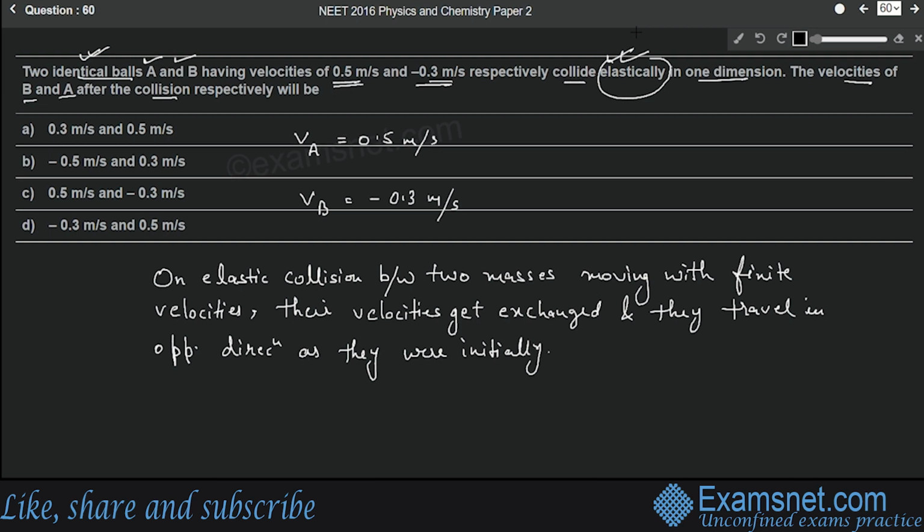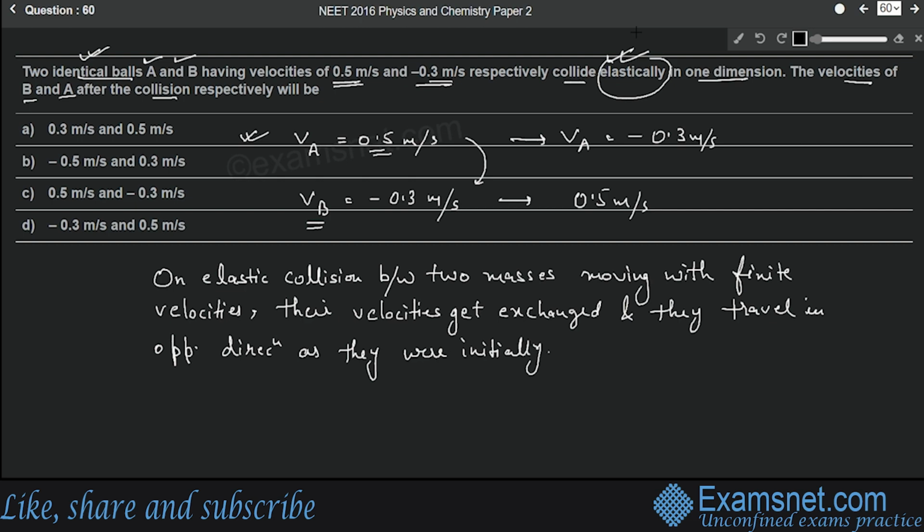If we talk about ball A, its velocity was 0.5 meter per second, so it will be exchanged with the second one. That means its velocity will become minus 0.3 meter per second. Why minus? Because initially it was in the positive direction, so this time it will be minus. And the velocity of B will become 0.5 meter per second. This time it will be positive because initially it was negative.